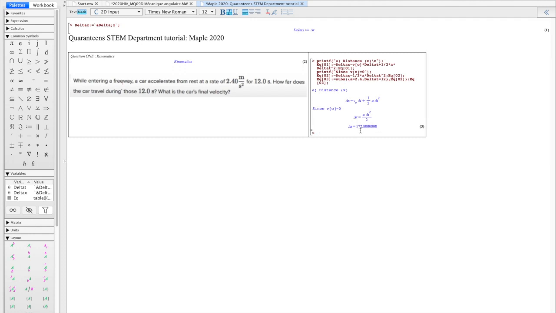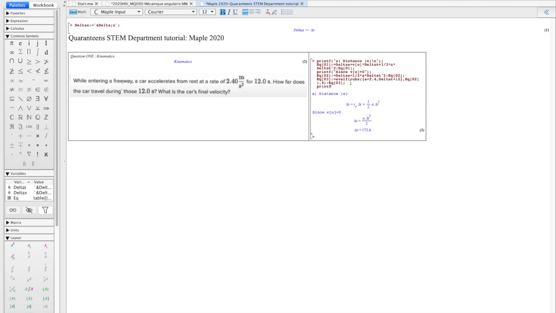We have 172.8. If we wanted, because there are so many zeros after it, we could just put evalf, open your parentheses, go over here at the end of your equation 2, open another parentheses, and in it you just want 4 numbers, and it would simplify to 172.8.